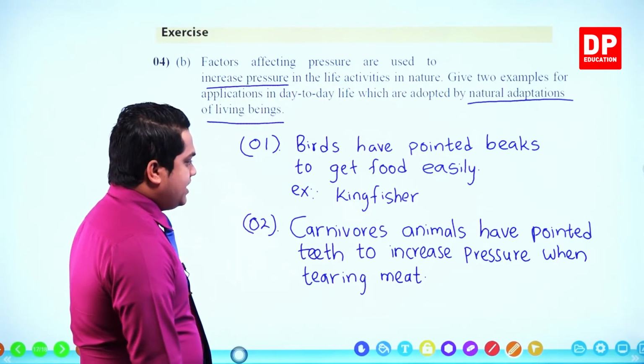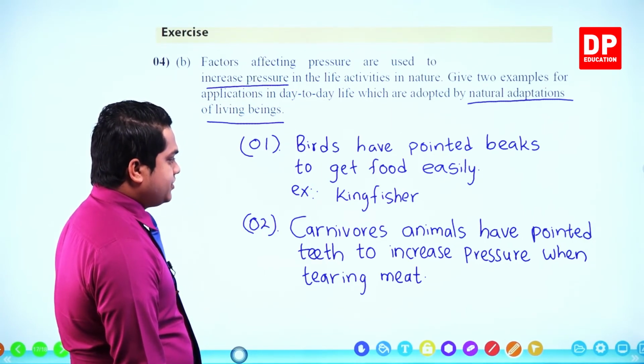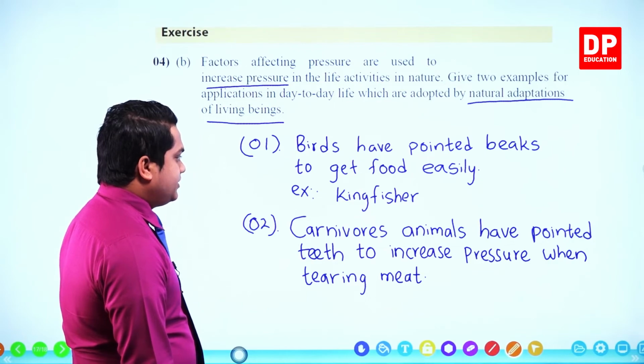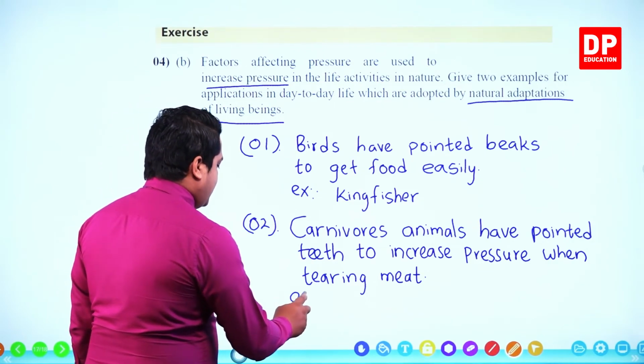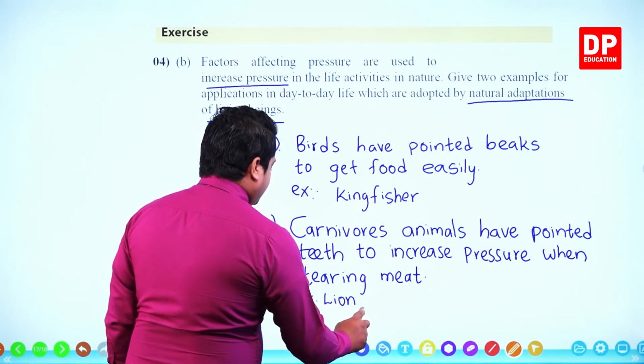So carnivorous animals have pointed teeth to increase pressure when tearing meat. Right? Example, lion, tiger.